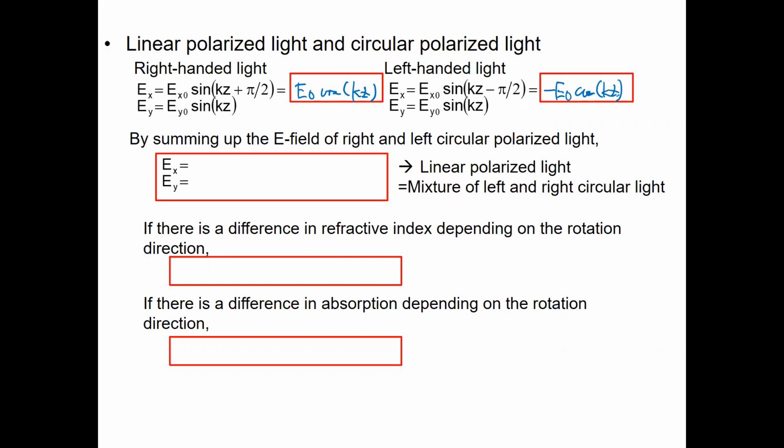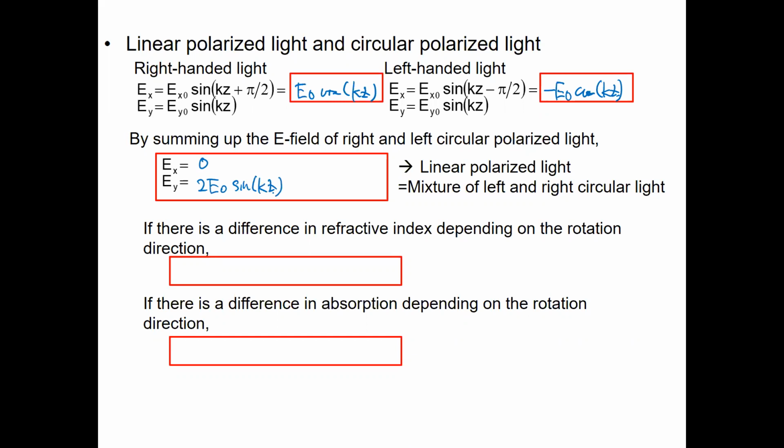So then, if you sum up the electric field of right and left circular polarized light, please think about this. In this case, you could obtain EX equals 0 and EY equal to E0 sine kz.